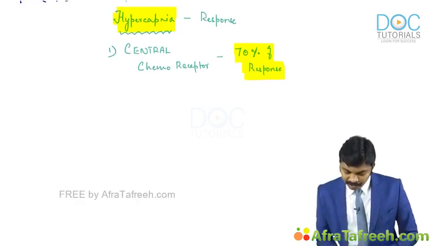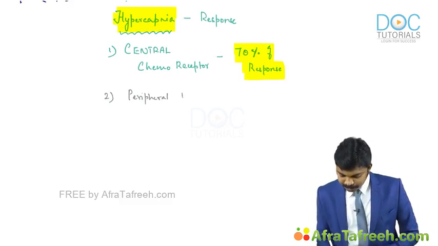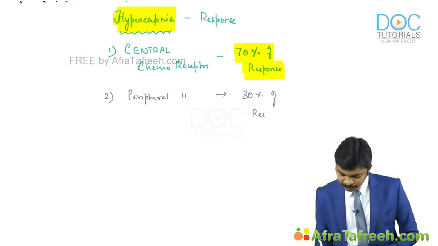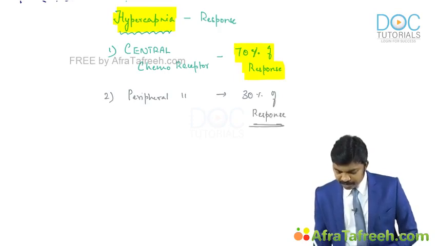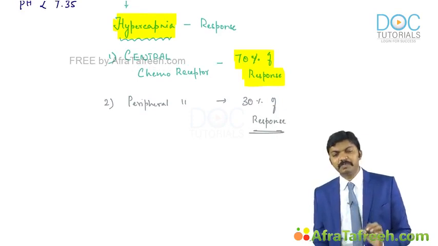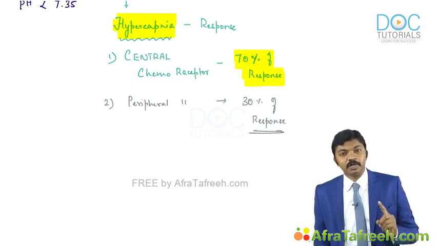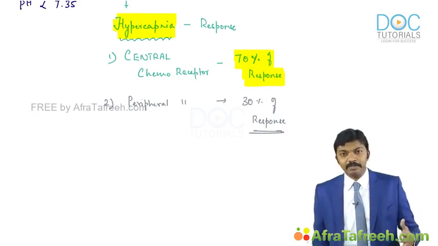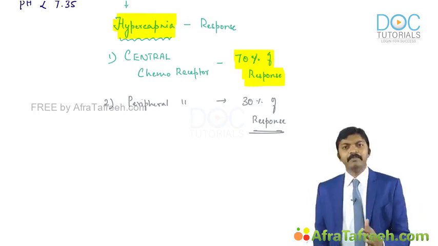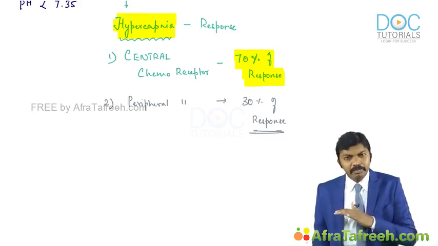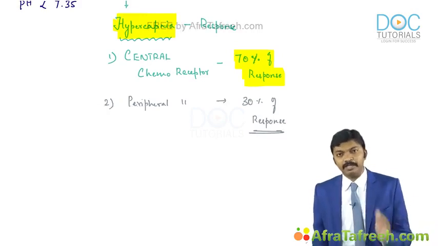What is the role of peripheral chemoreceptors then? Peripheral chemoreceptors contribute just 30% of the response, doctors. On the other hand, central chemoreceptors are not able to sense oxygen content. So hypoxia and its subsequent responses are mediated completely by peripheral chemoreceptors.